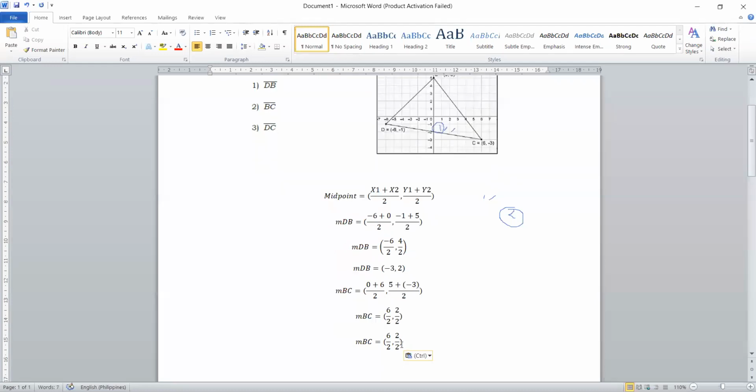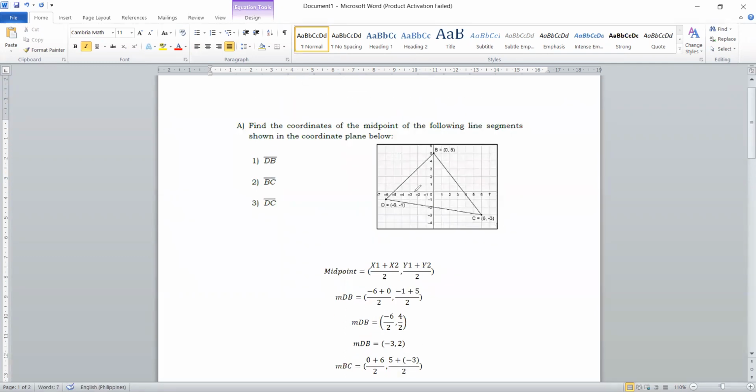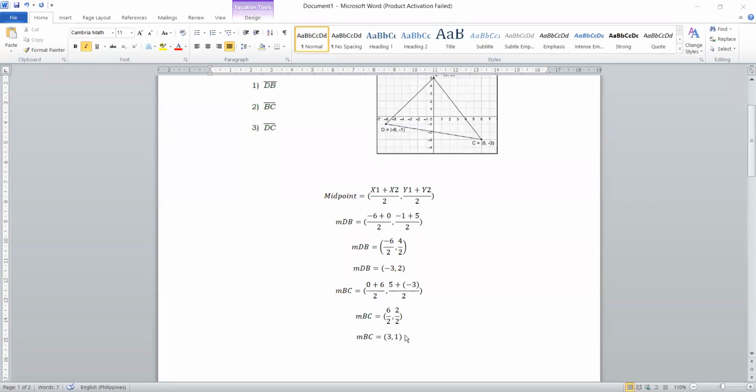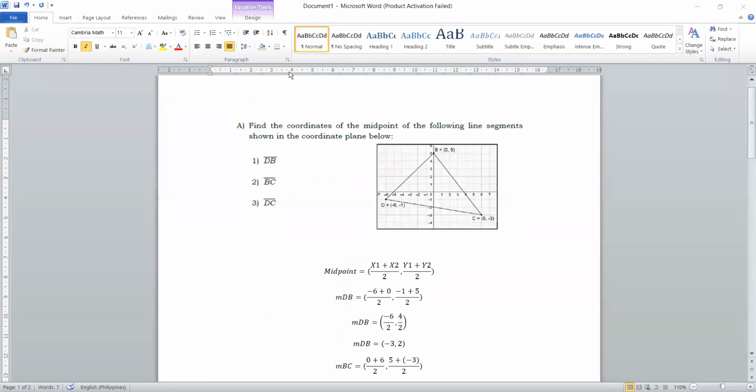Simplify it again. 6 divided by 2 is 3. 2 divided by 2 is, of course, 1. So you can check that again. You have here 3, 1. So plot 3 and plot 1. So that's correct. That's the midpoint of your line segment BC.